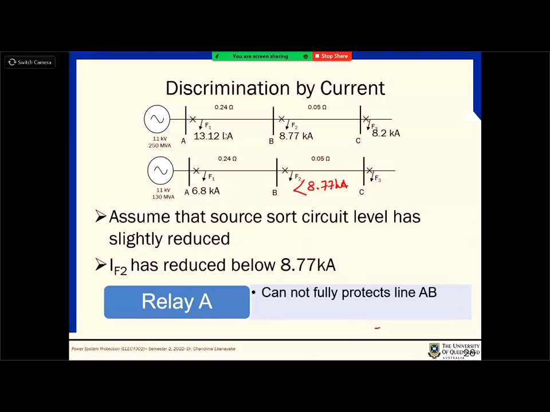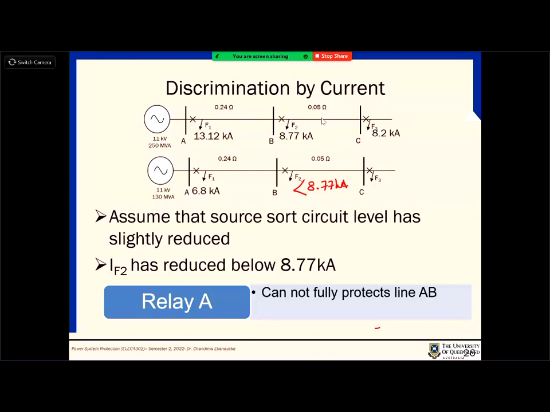If you set the smaller fault currents here, yes, it will work, but when the system is running with the first case where the short circuit impedance, the power is high, then if you set it to a certain value, that smaller fault current will appear somewhere here, which means that this relay will operate for faults beyond point P.